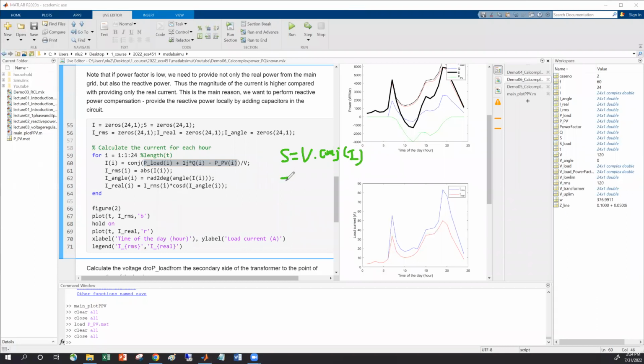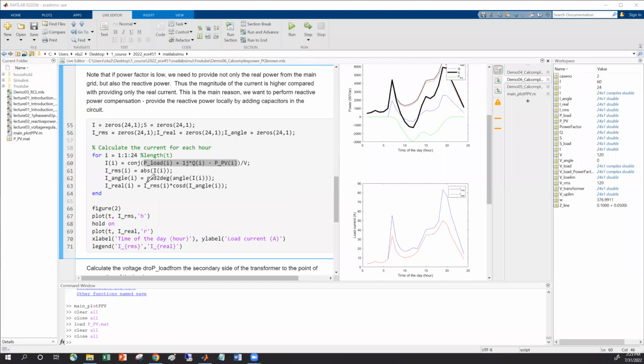So if I compute I, it should equal the conjugate of S divided by V. Because here, I should put the conjugate on V as well. The reason I don't have to do that is because in this particular case, V is a reference, so the angle is 0. So I do not have a complex part for V. But ideally, I should put the conjugate sign out here as well. Okay.